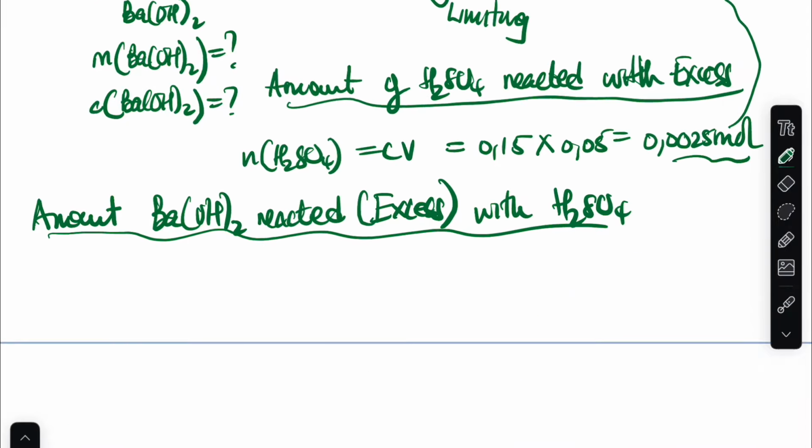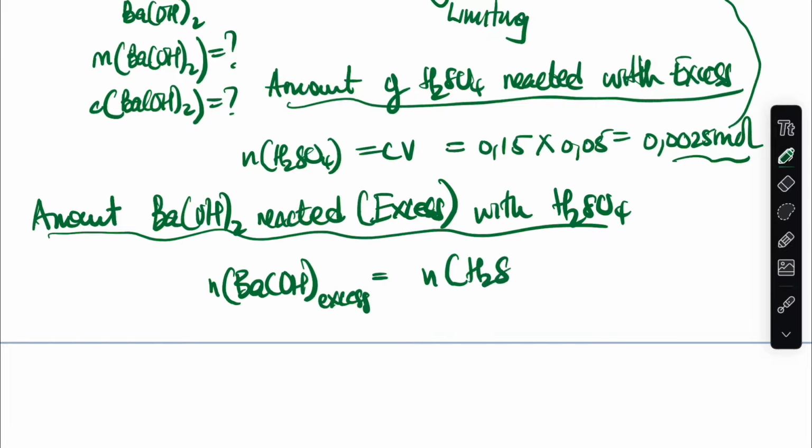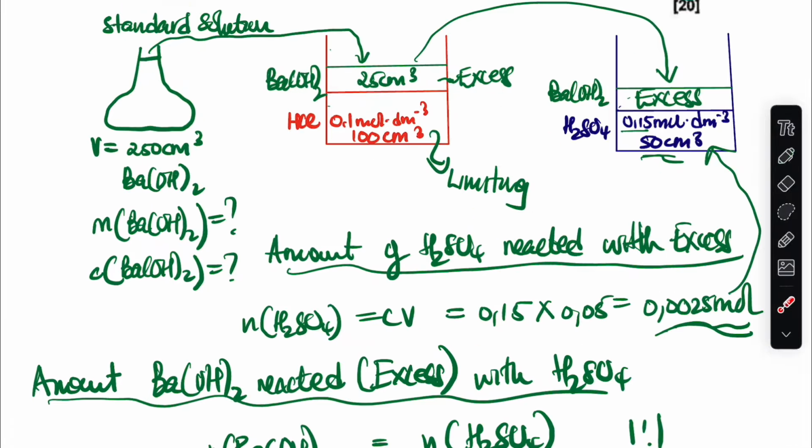So I'm going to say the number of moles of barium hydroxide, which is the excess, is equal to the number of moles of sulfuric acid, because the mole ratio is 1:1. So it's this amount, 0.0025 mole. Now I have the excess.